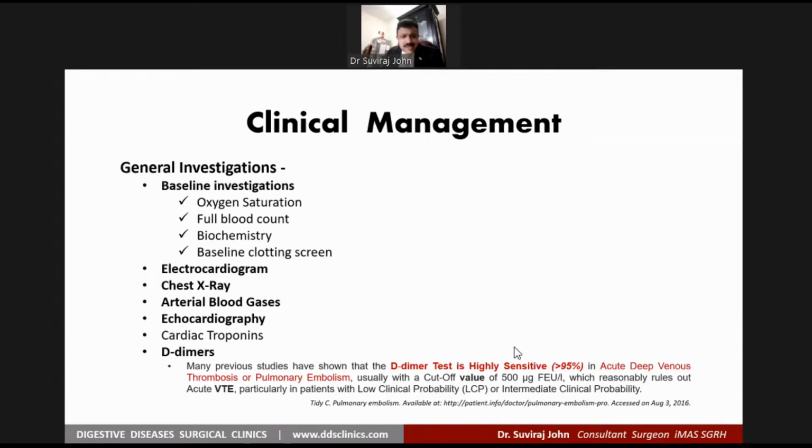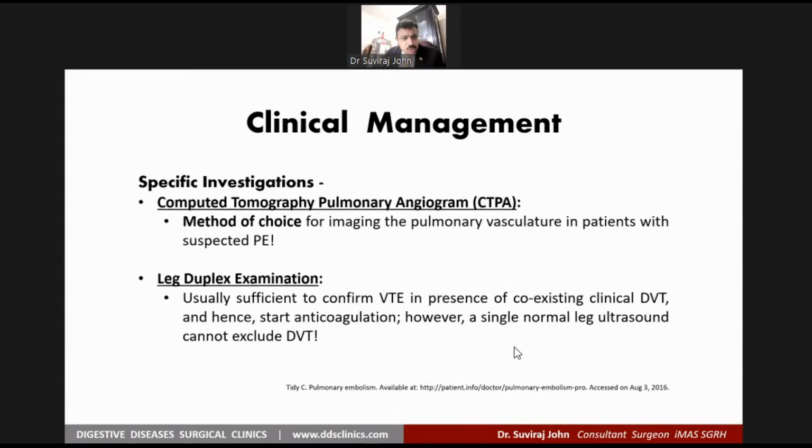And once you've done these basic tests, as others alluded to, I think you can then quickly plan a CT angiography of the thorax, and also do a quick CT abdomen along with it. And if you have time, have the vascular physician get a quick leg Doppler examination done.